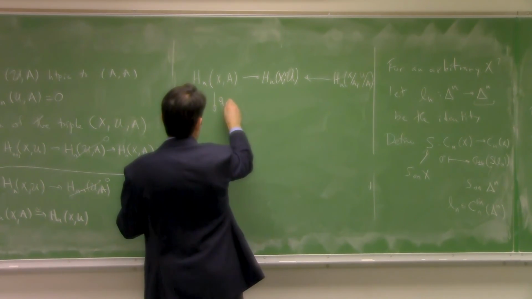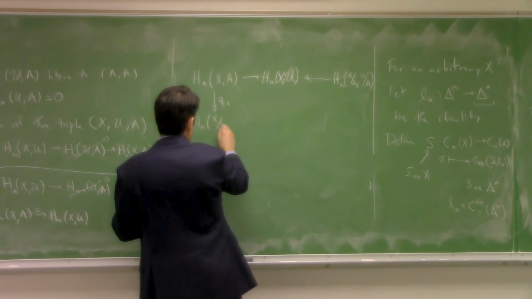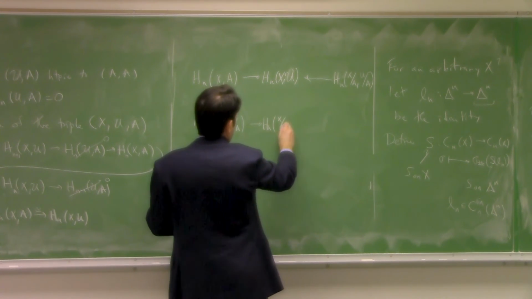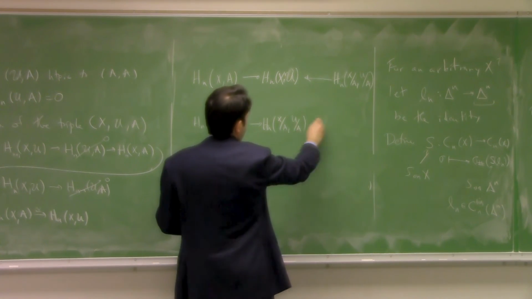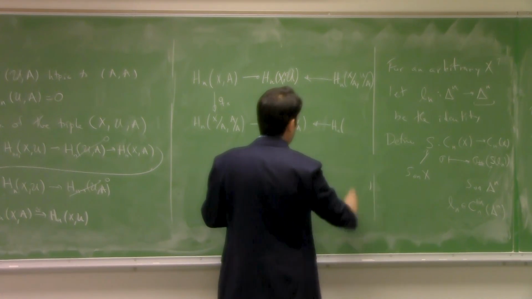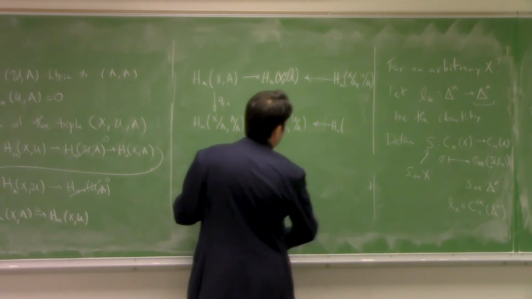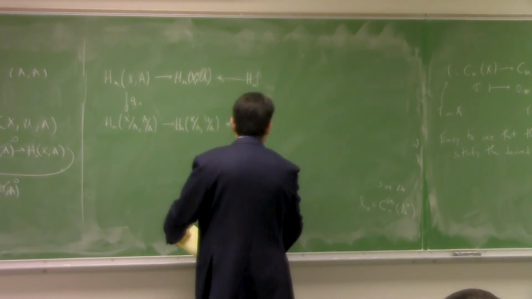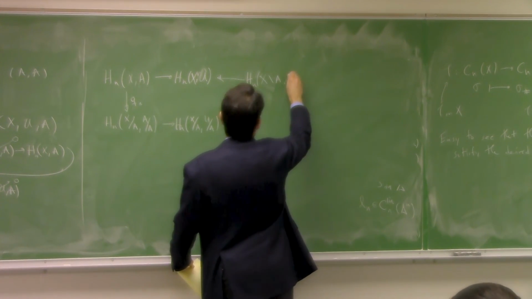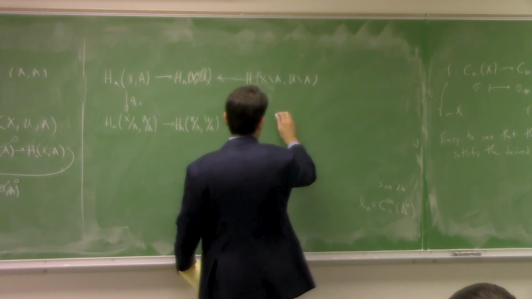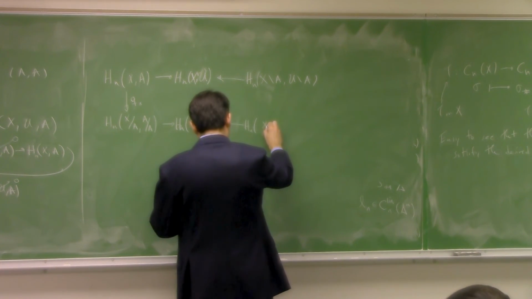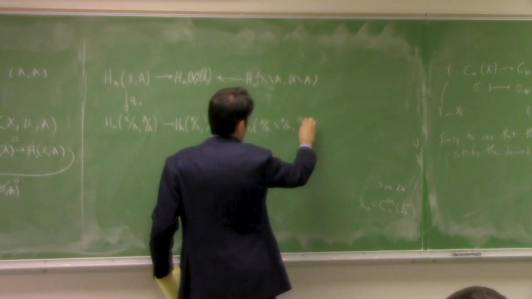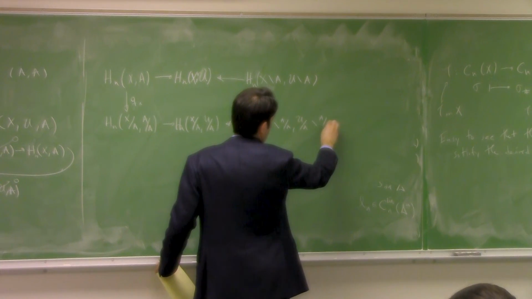Or we can take the quotient, and then we would be in X mod A. Oh, sorry. This should have said (X minus A, U minus A). And then here I want (X over A minus A over A, U over A minus A over A).